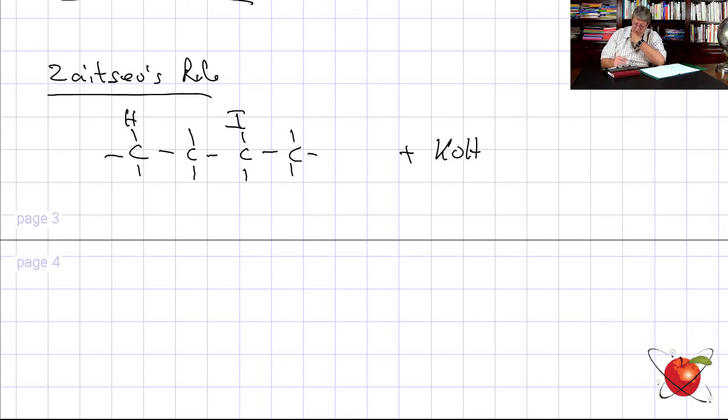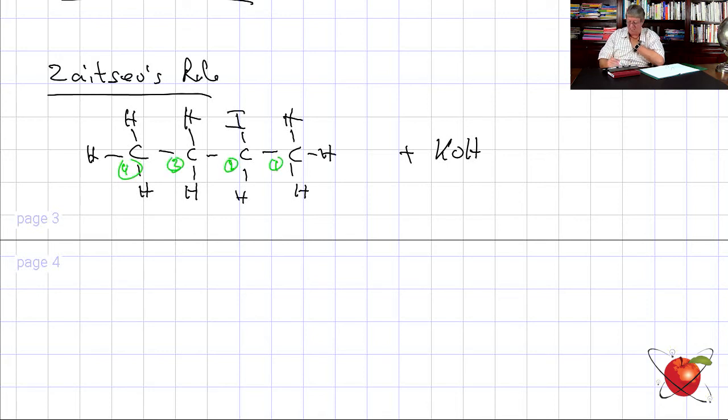So basically what we're doing is, now I'm going to put the OH. We are taking this, our upper step. Let's label it and number it. First of all, we label 1, 2, 3, 4.